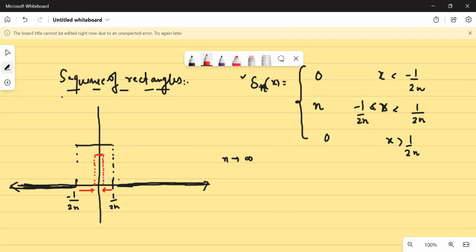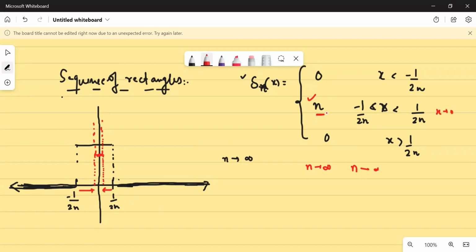Also, you can see that the height will not come down; rather, it will start moving up. Because between minus 1 upon 2n and plus 1 upon 2n, your function behaves as if it is n. And as n tends to infinity, this particular definition will start blowing up. Also understand that as n tends to infinity, x is tending towards 0.